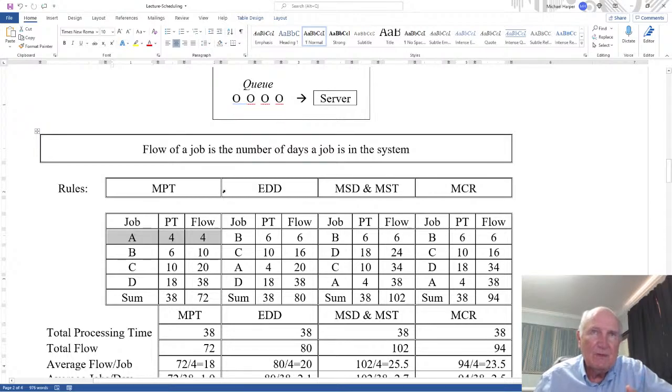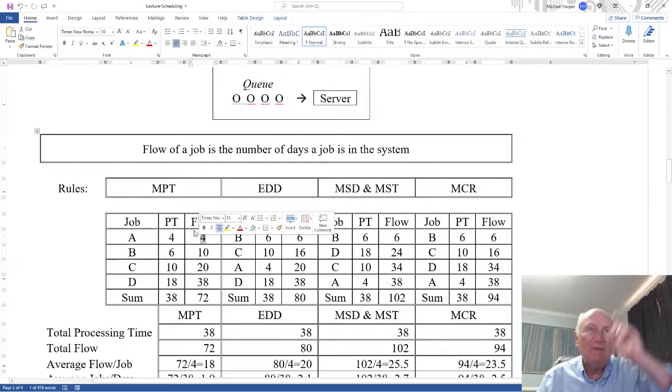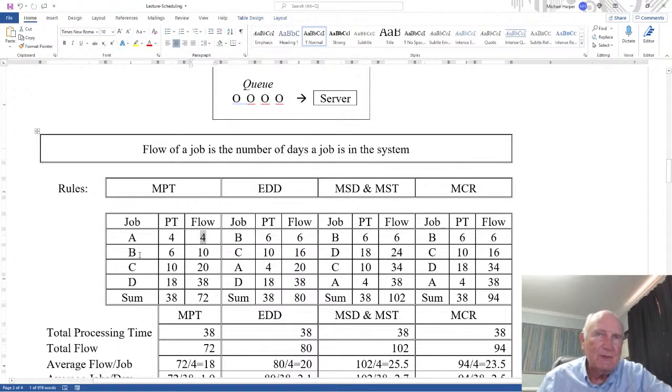So the queue time is 0, the processing time is 4, 0 plus 4 is 4. Now B has a processing time of 6 in the server. The queue time is going to be 4 because B has to wait until A is done, and A spends 4 days in the system before it leaves. So 4 is the queue time of B. So 4 plus 6 is 10.